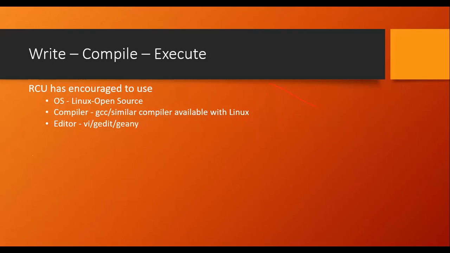And thirdly, we need to type the program in some software, which we call an editor. For the editor, they have prescribed three different types. One editor is called vi, the second is called gedit, and the third is called geany.